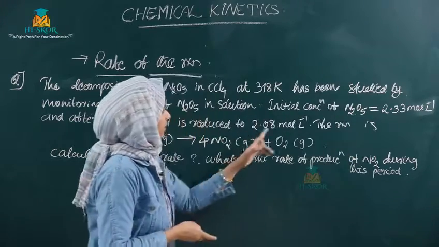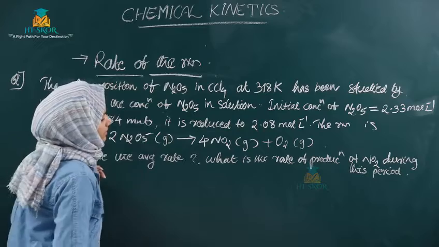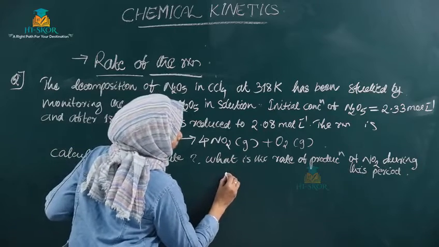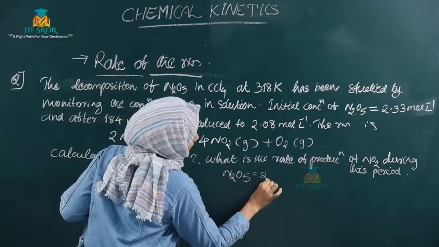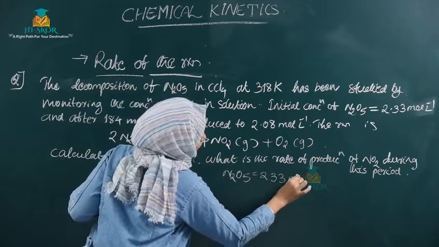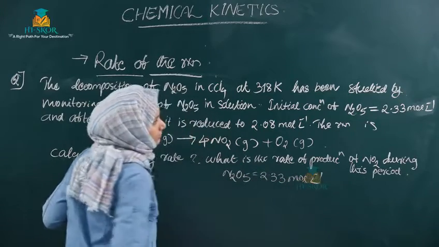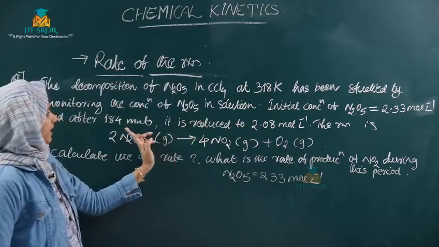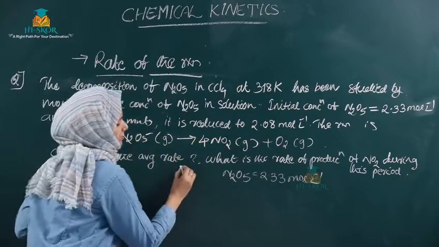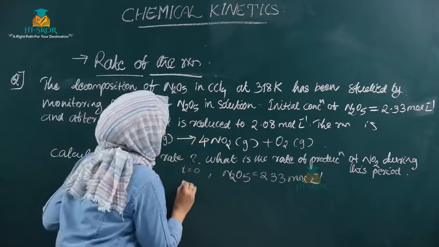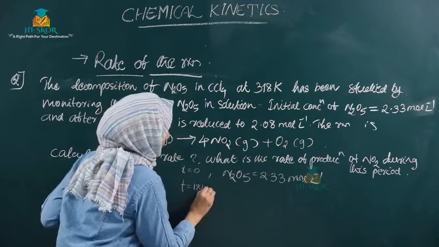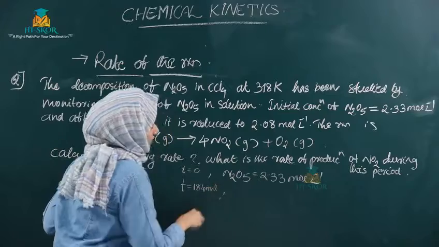So how will you find out? We know the initial concentration of N2O5, that is 2.33 moles per liter, at time 0. And after time 184 minutes, what is the concentration?